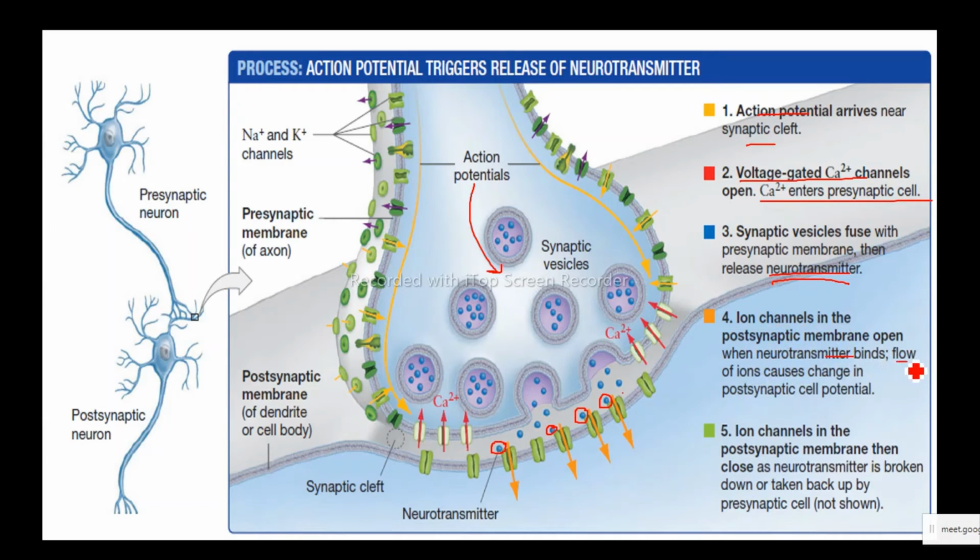There will be a flow of ions which cause a change in postsynaptic cell potential. If it is an excitatory postsynaptic membrane, then you open the sodium gated channels and there will be an influx of sodium ions. And so the membrane is depolarized and it is evoked as a wave of depolarization throughout the entire neuron.